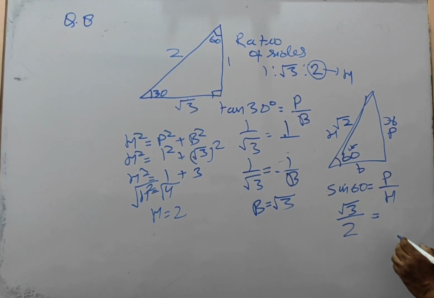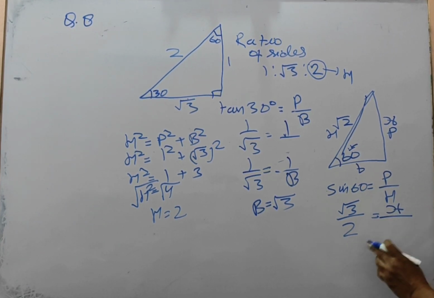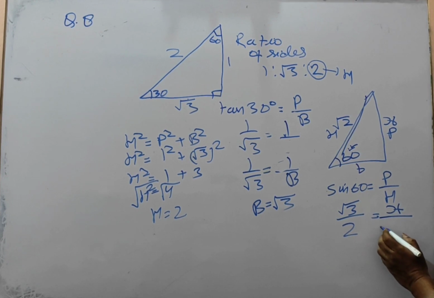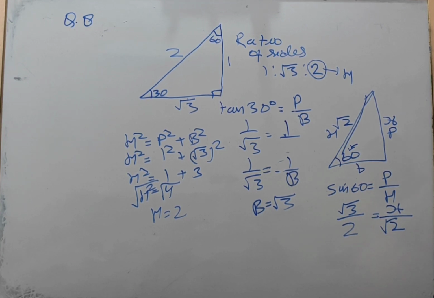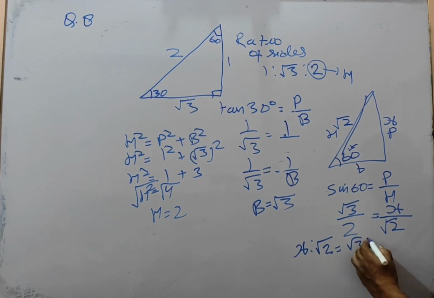Perpendicular is x, and hypotenuse is root 2, right? So you got it. This is x ratio root 2 is equal to root 3 ratio 2.